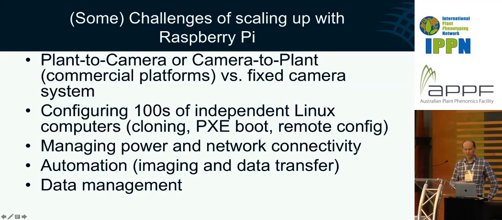But there's other complexities like actually just managing power. You're talking about power cables, potentially network cables going to every Pi. It gets a little bit big and heavy at some points. And then data management also starts to become a bit of a problem when you're collecting data from hundreds of cameras all at once.